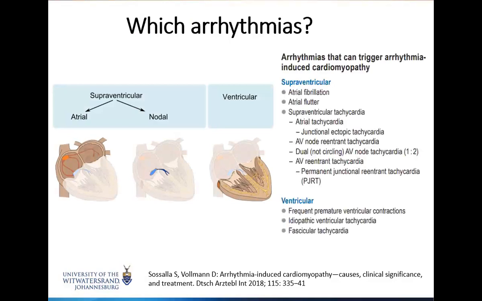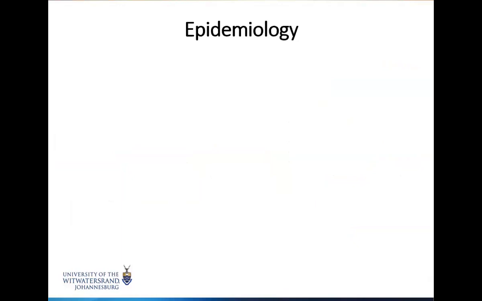And these are the specific examples that one can look at. Let's see, I think one does not project in there. Atrial fibrillation, flutters, and all the other supraventricular arrhythmias, and then ventricular arrhythmias. An example would be frequent premature ventricular complexes.